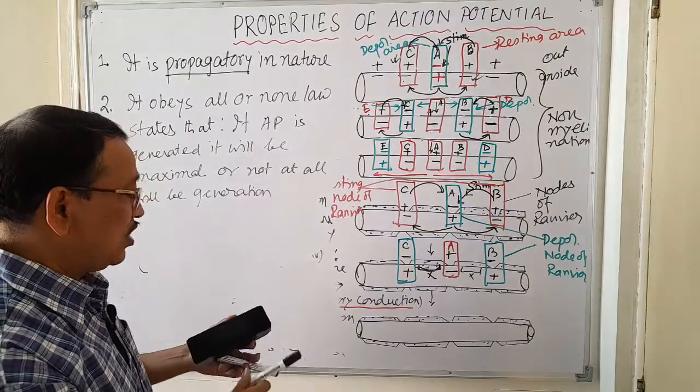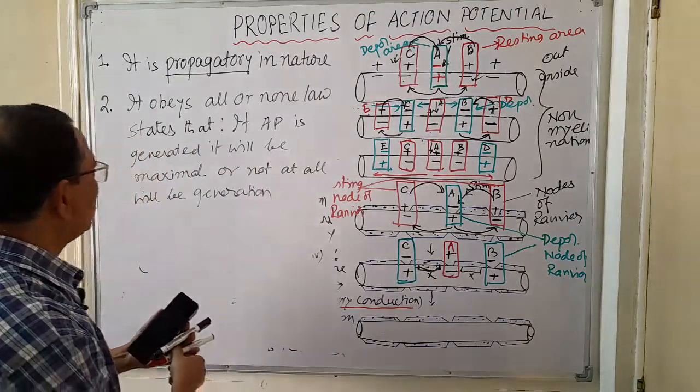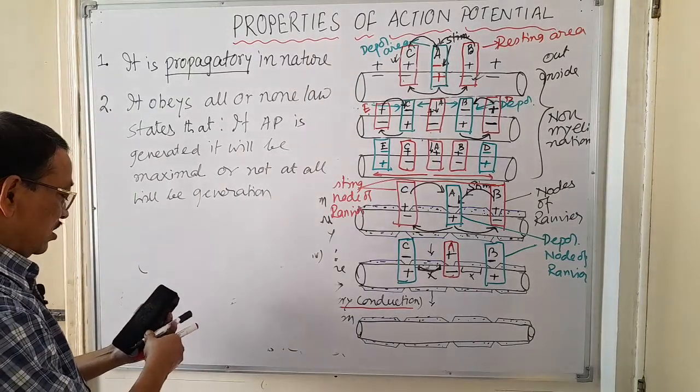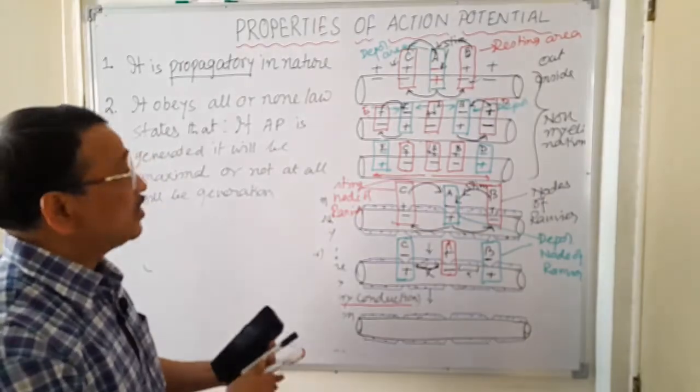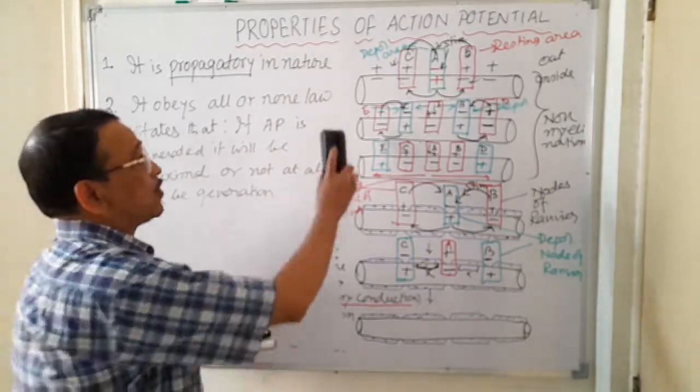So now is about the third property, which is known as the strength duration relationship curve.